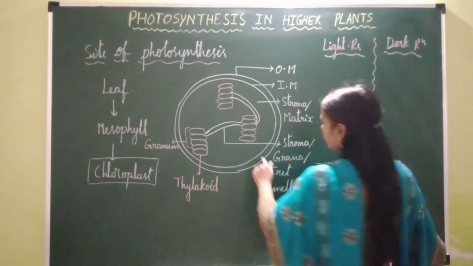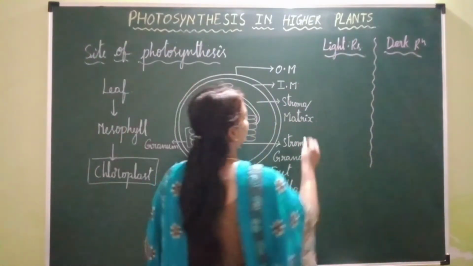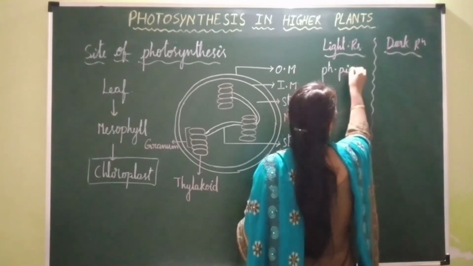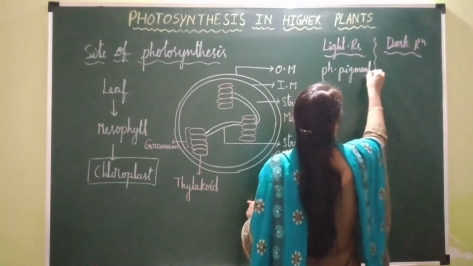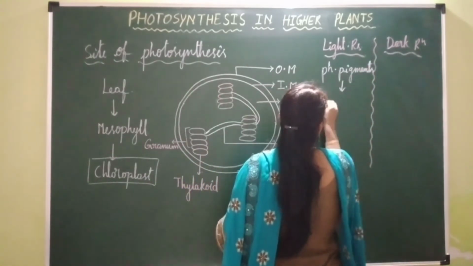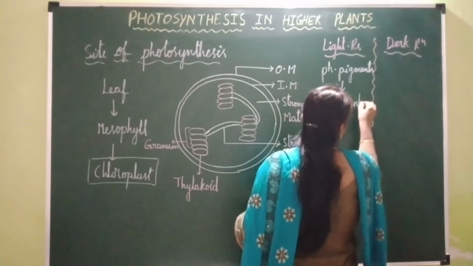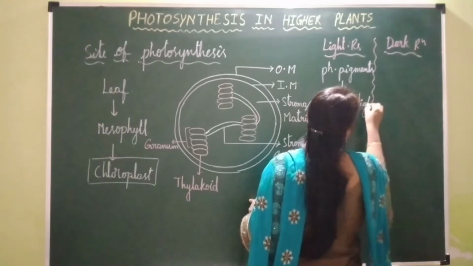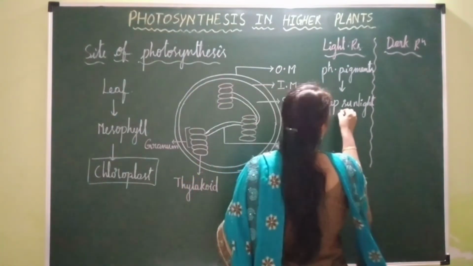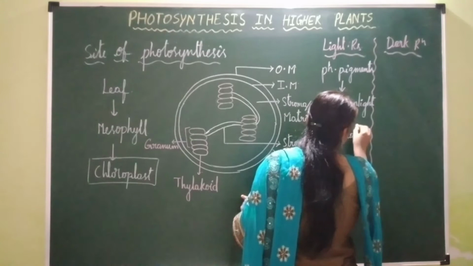In each and every thylakoid membrane, photosynthetic pigments are present. These photosynthetic pigments are involved in trapping sunlight. They absorb sunlight, and after trapping this sunlight, they convert that radiant form of energy, which is nothing but sunlight, into chemical form of energy, that is ATP and NADPH.